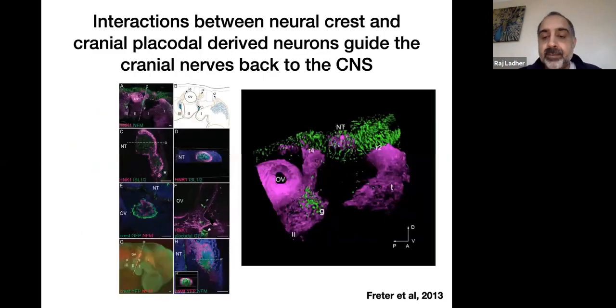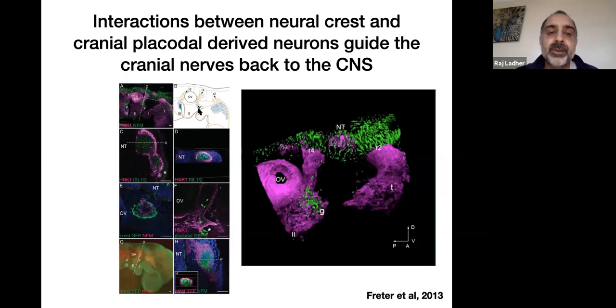And so this is beautiful work that was done by Jo Begbie some 7 years ago. And what she found was that almost all of the cranial placodes, because this is certainly true for the otic vesicle as well, use the crest streams that are laid down when the neural crest migrates out.